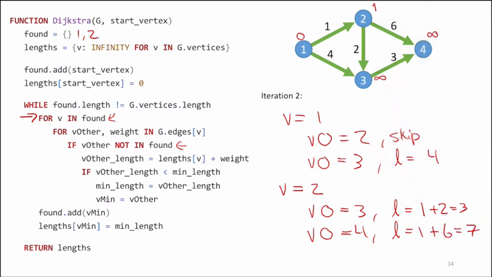What's the cheapest out of all of these? So we're going to compare the 4, the 3, and the 7, and the 3 is the cheapest. So the next thing we add to our found set is vertex 3, and its path length is no longer infinity, its path length is a total of 3.